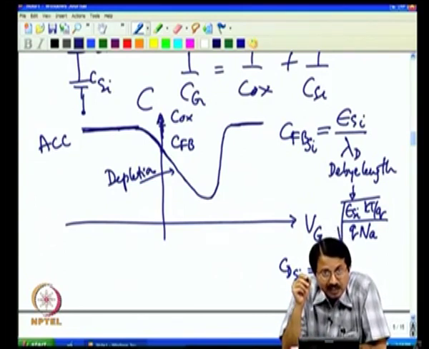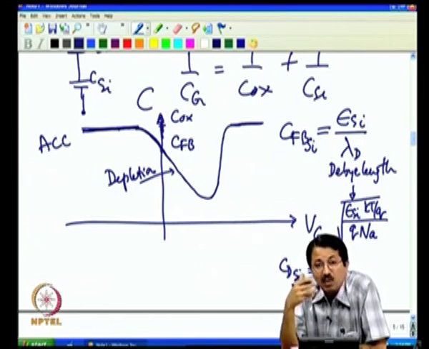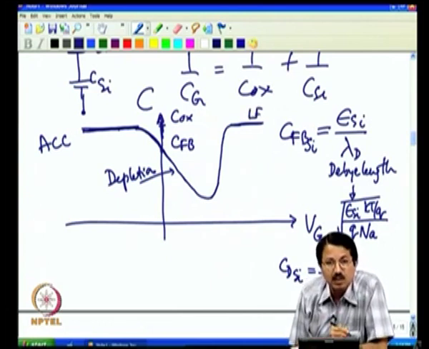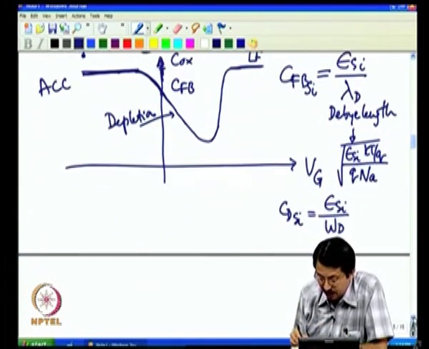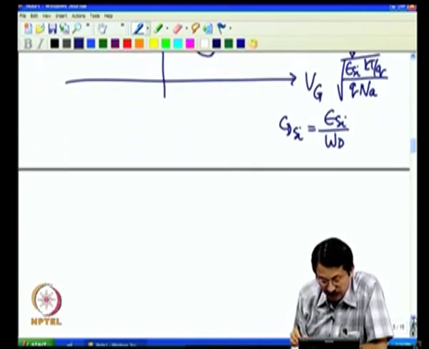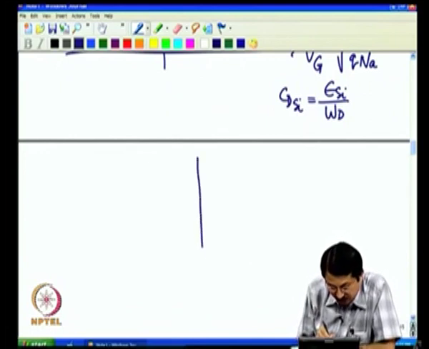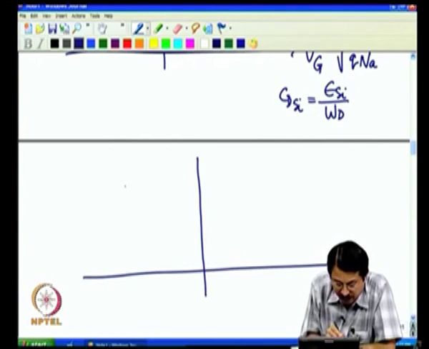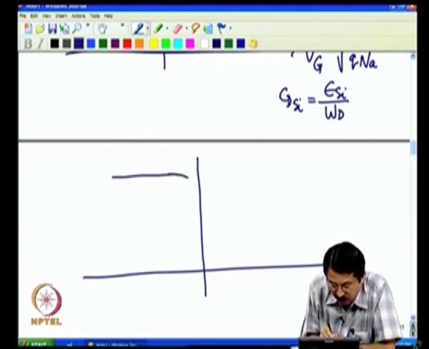It could be 0.1 hertz or something like that, depending on how good the quality of the silicon is. So, this is really low frequency. Let me just sketch that again to avoid the clutter. What I am telling you right now is that you have this Vg and you have this curve here.